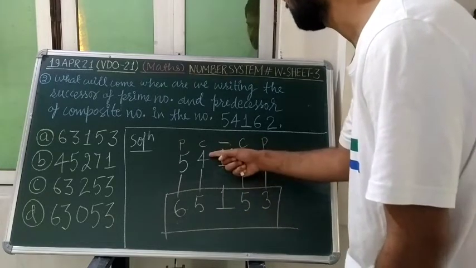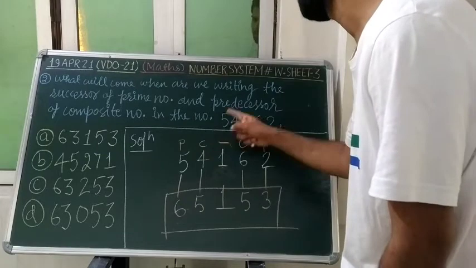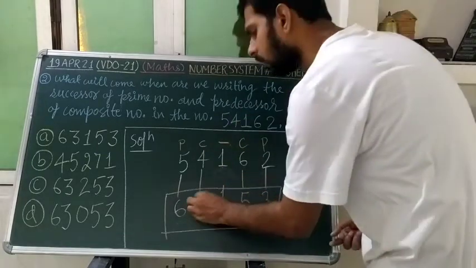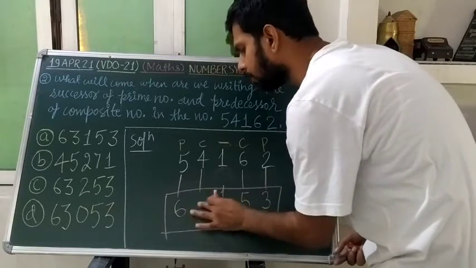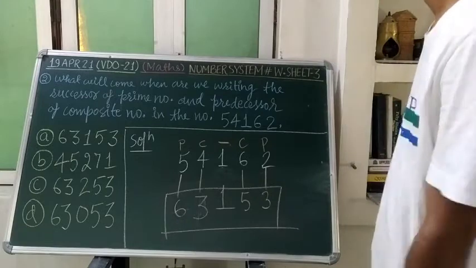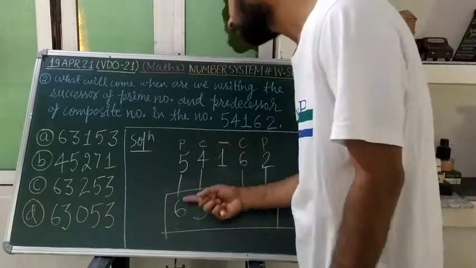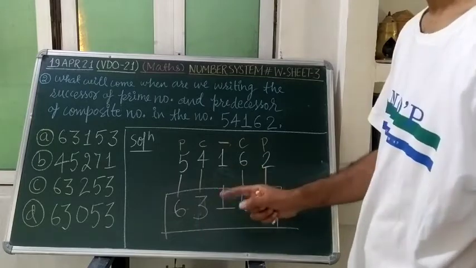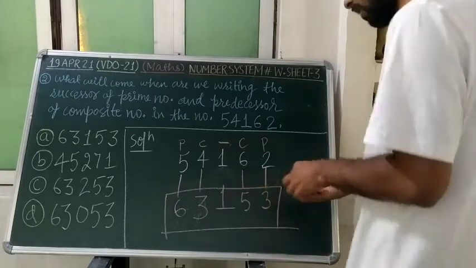For composite number we are writing predecessor. Sorry, so here 4 minus 1, 3 will come. So it will become 6, 3, 1, 5, 3. So 6, 3, 1, 5, 3 is our answer A.